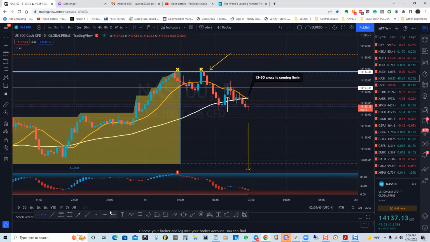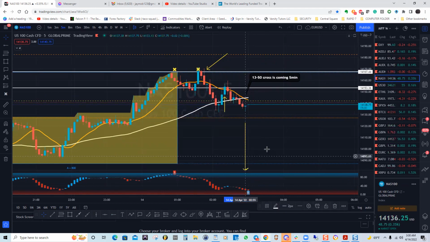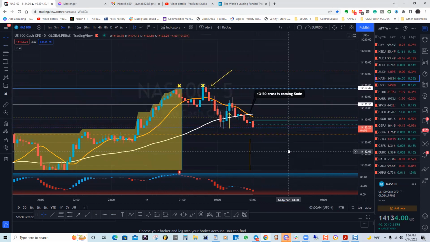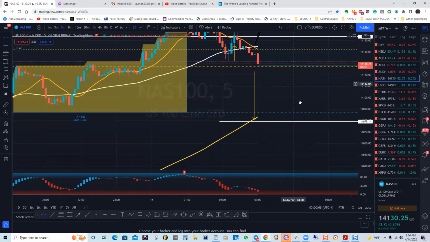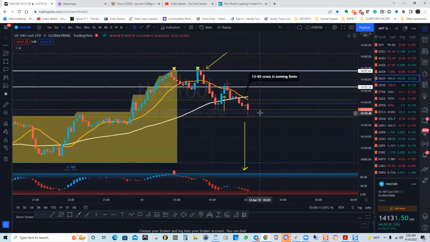Right here. So here we go again. I got in at 14,265.89. I wonder why it's not showing up. That's crazy. Red doesn't show up like that.